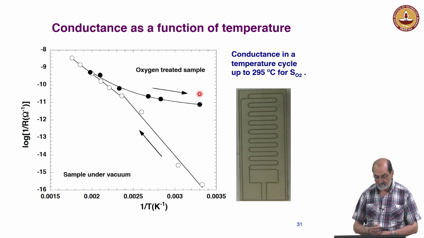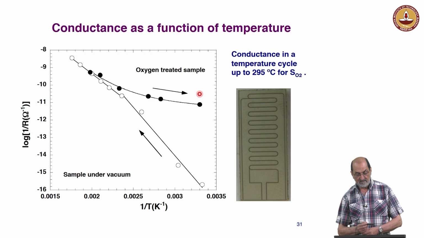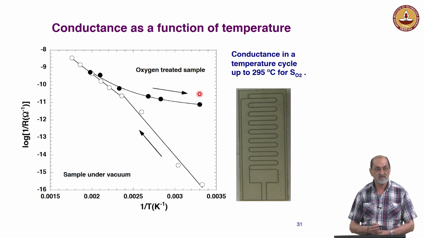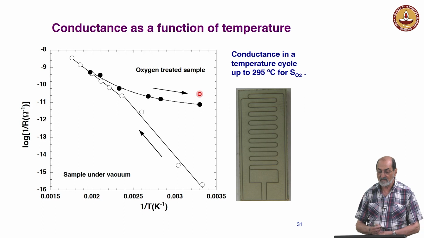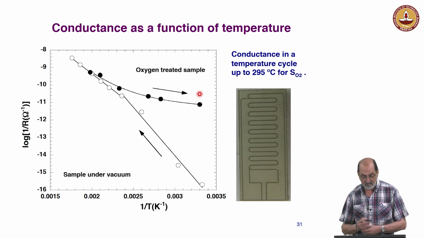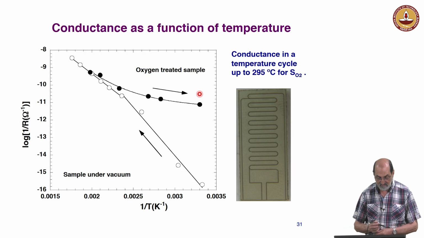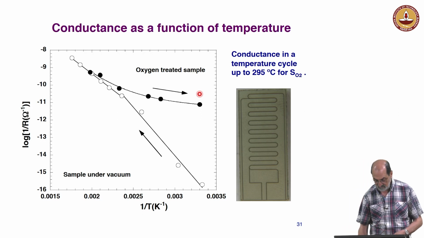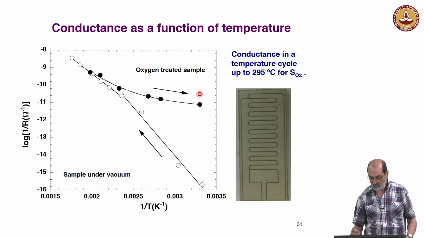And we thought, what can it be? Why is the conductance increasing? So somehow it appears that some oxygen could get out of the sample. The sample is always under vacuum, very low pressure.